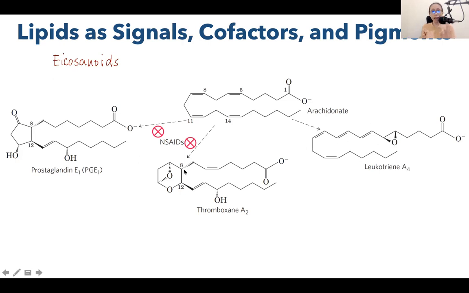All of these eicosanoids come from arachidonic acid, which is your 20-carbon fatty acid. So you just derivatize it. You can have a prostaglandin, thromboxane, or leukotriene, and then your body sends signals to some areas where there is a need for an inflammatory response, for example.